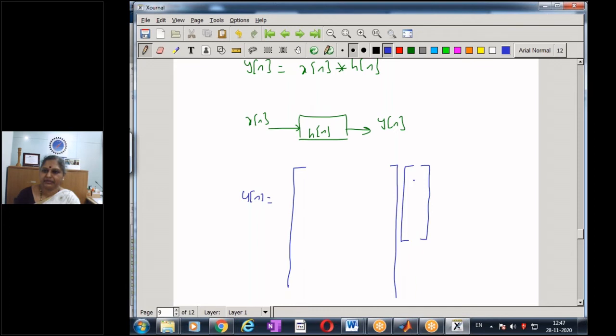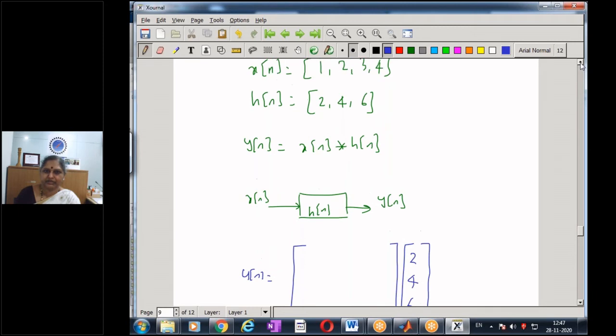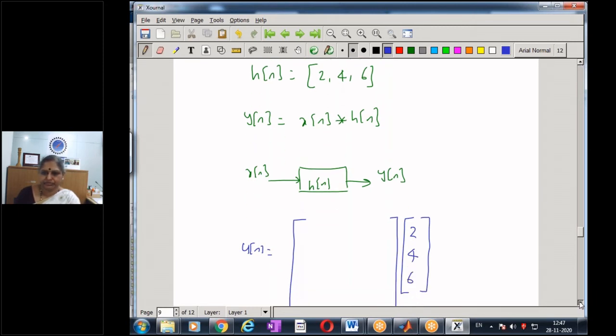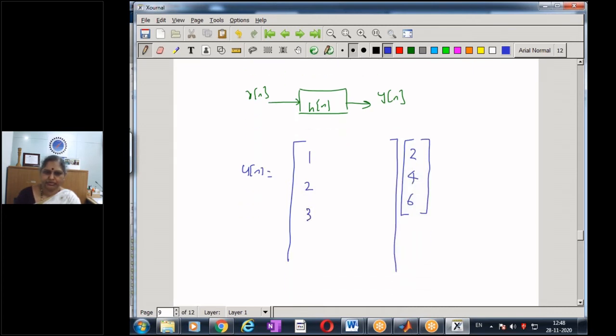My h of n is 2, 4, 6, and my x of n is 1, 2, 3, 4. To be able to perform the multiplication, this matrix needs to have 3 columns.